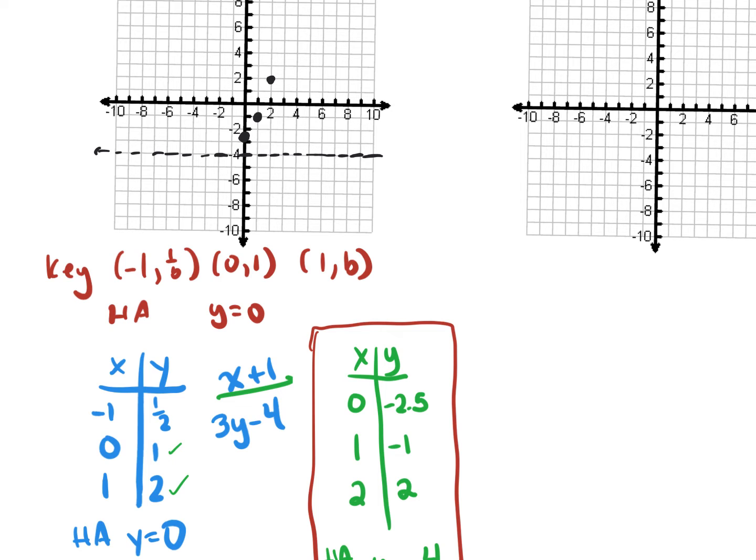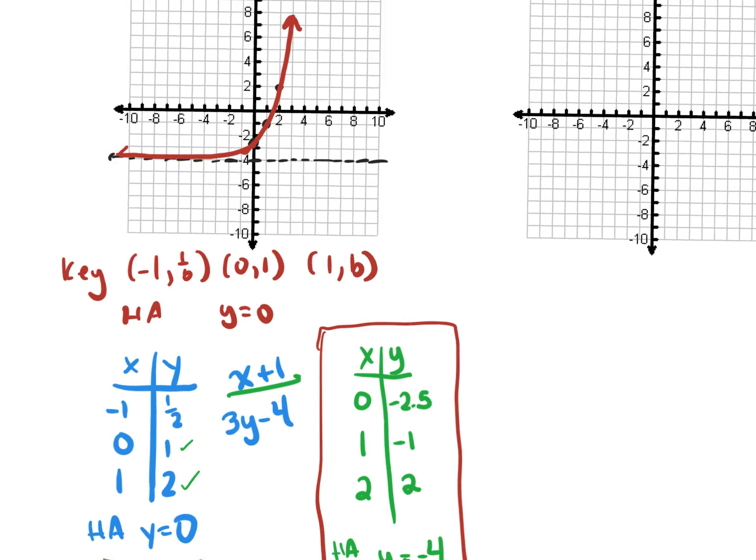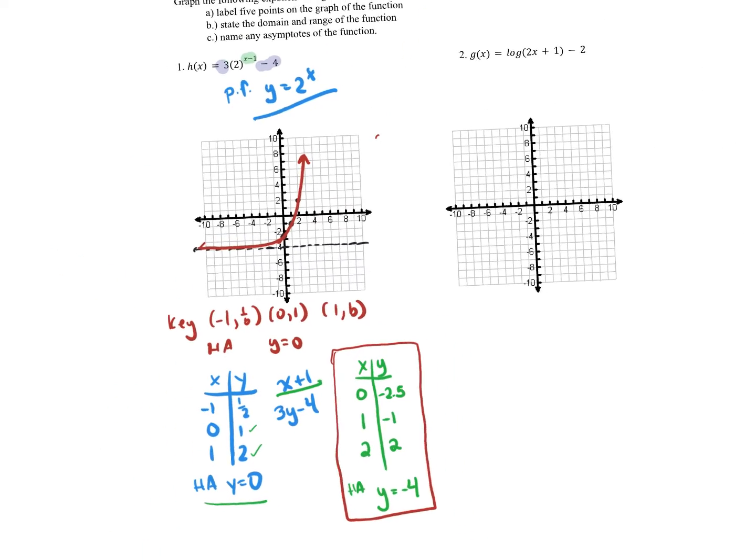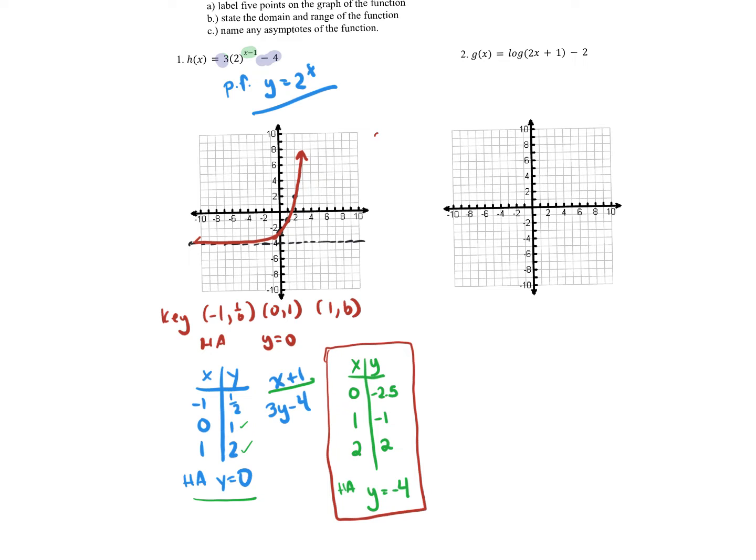And since this graph has to kind of approach this asymptote and do some kind of exponential growth, it's going to look something like that. So based on my points, that is going to be the graph of 3 times 2 to the x minus 1 minus 4. So just remember these key points when you're graphing it, okay?